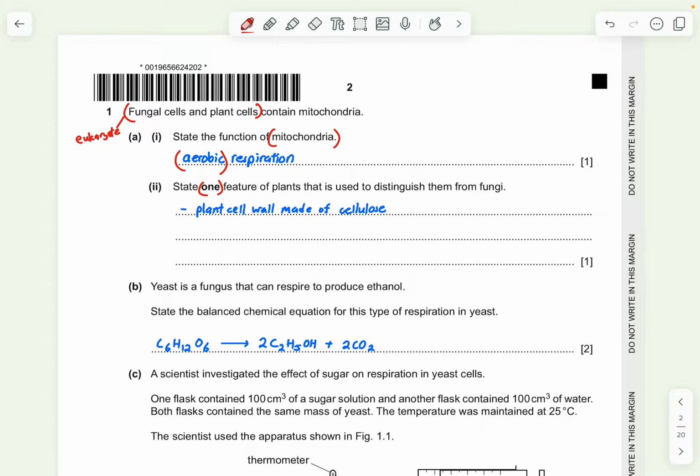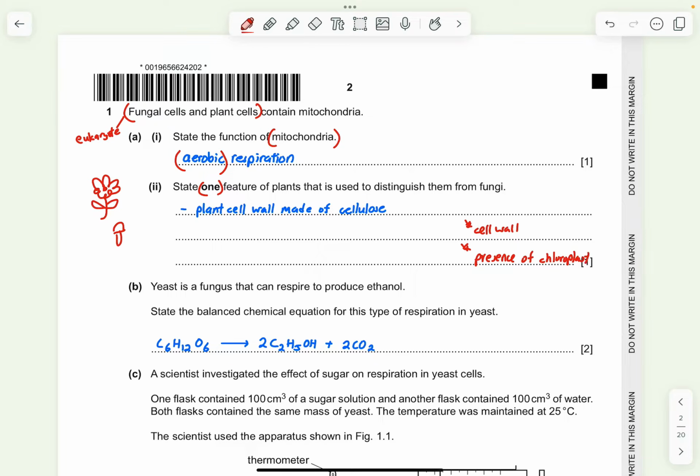So your plant, you can always remember, is like a flower with leaves. Another one is a fungus, which is like a mushroom. So you can see that a feature can either be the difference of their cell wall, and another one is the presence of the chloroplast.